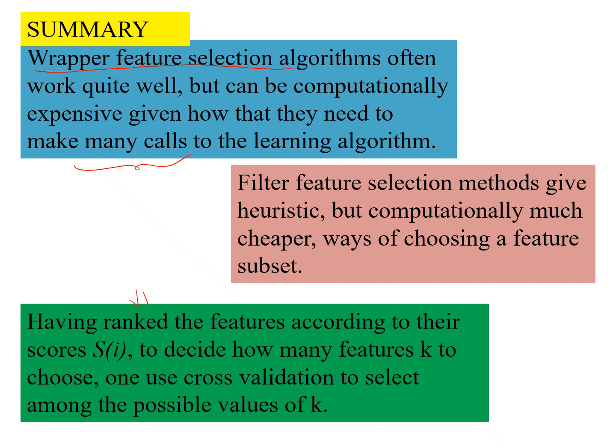Finally, having ranked the features as to which is the most valuable for the target, how many features K to choose is a decision which the developer has to make. We could use the cross-validation set for this.